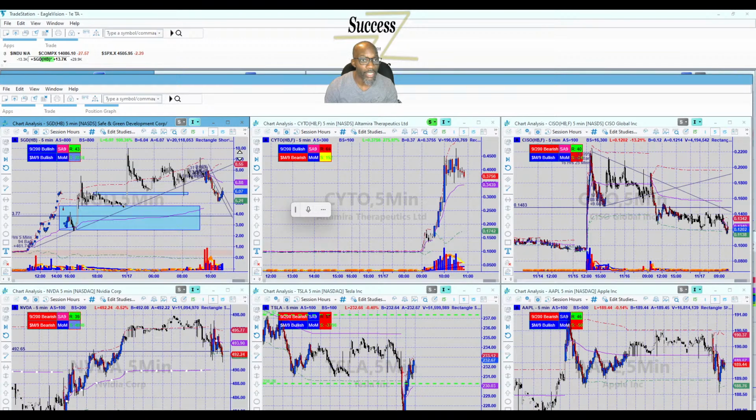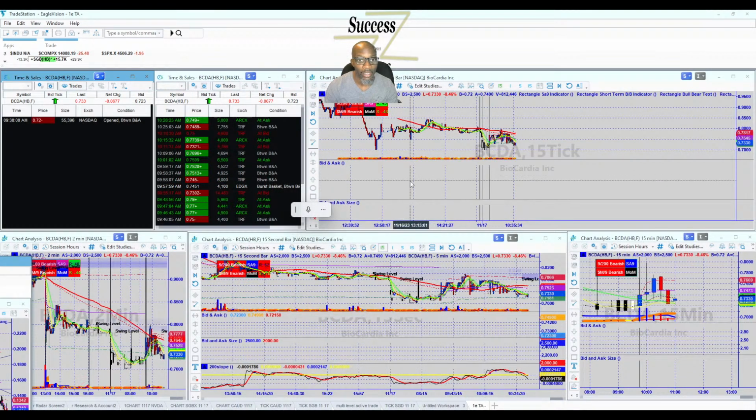But I don't think it'll take straight off. I think it'll do a little consolidation before it finds its next leg, whether it be up or down, because there's just way too many people interested in it at this point.